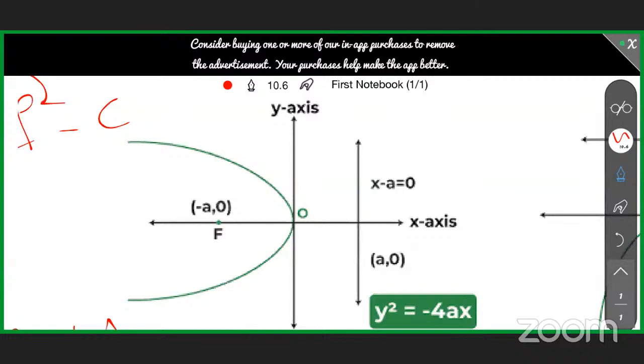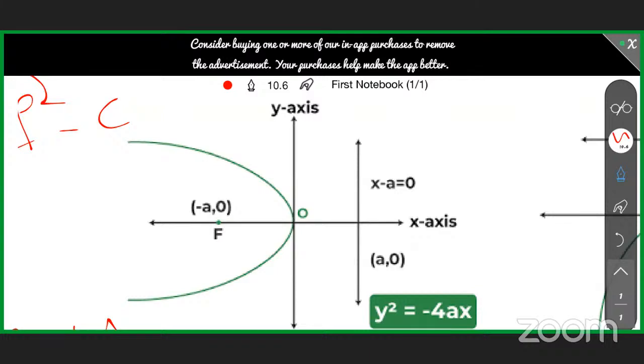Since minus is there, my parabola will be shifting towards the negative direction of the x-axis. So my parabola is oriented towards the negative direction of the x-axis and will be resting on the y-axis, that is, the vertex of the parabola will be resting on the origin, facing towards the negative side of the x-axis.